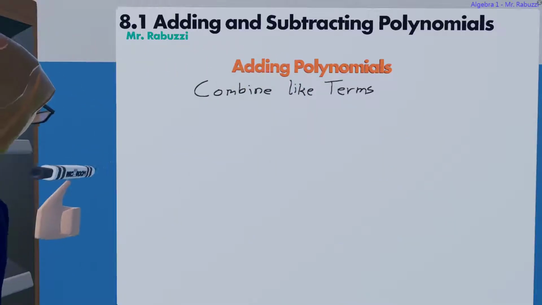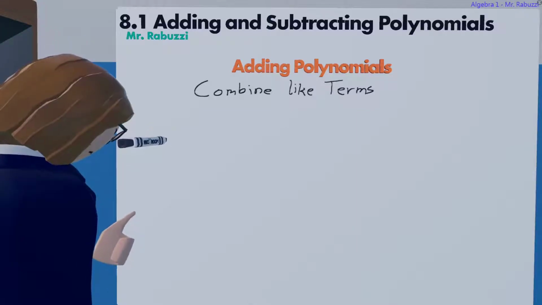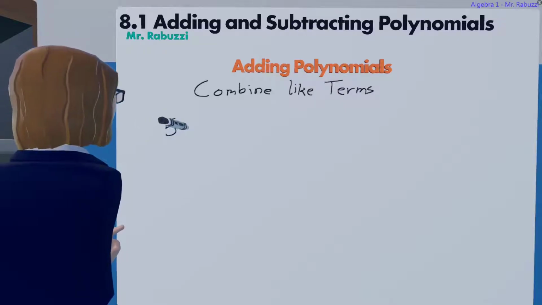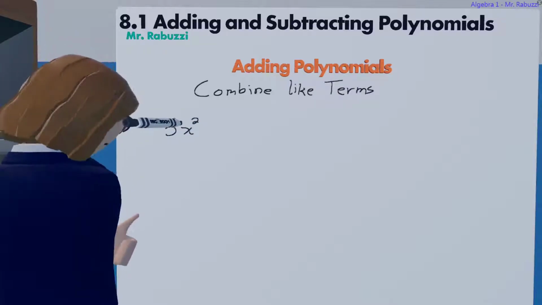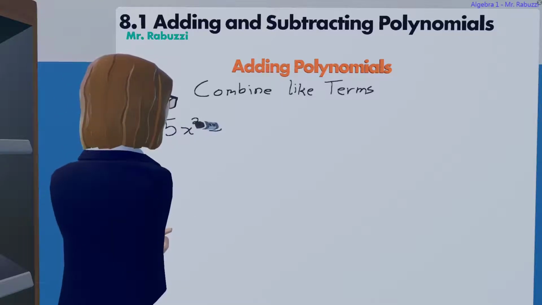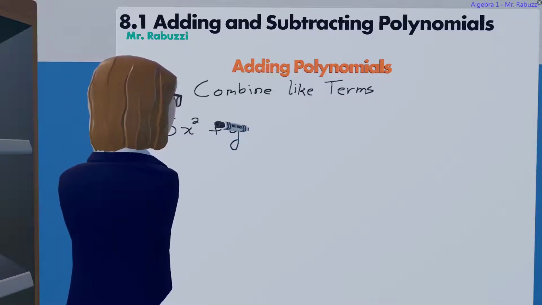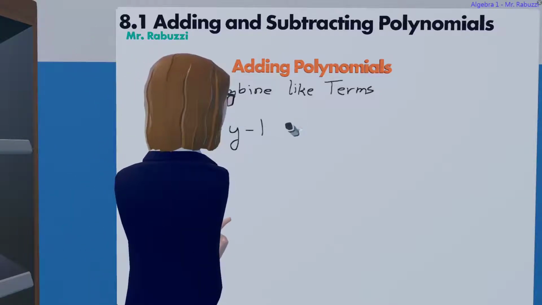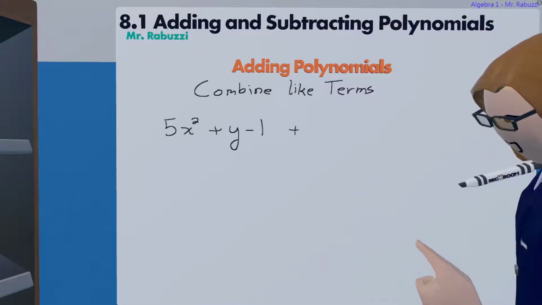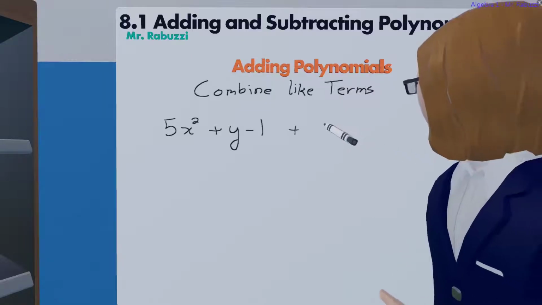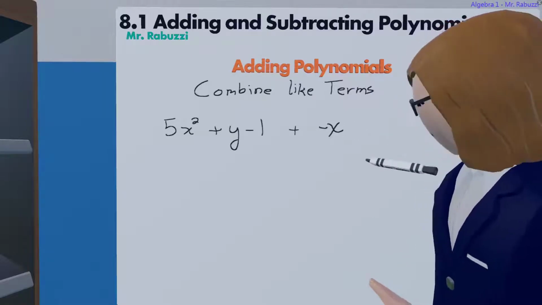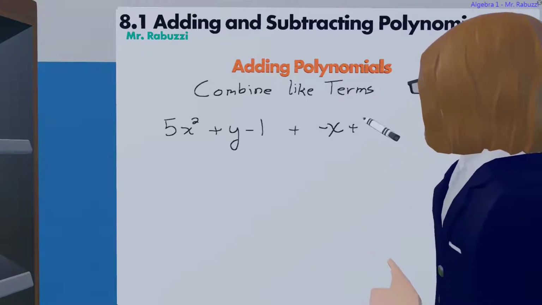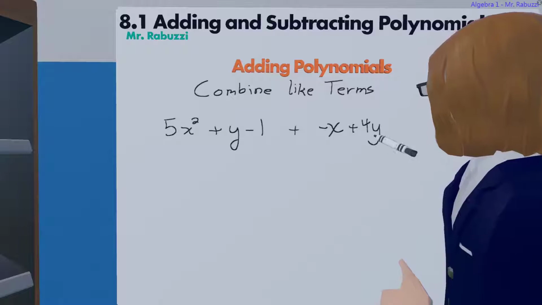Okay. What if I've got 5x squared plus y minus 1. And I want to add it to a -x plus 4y minus 1.